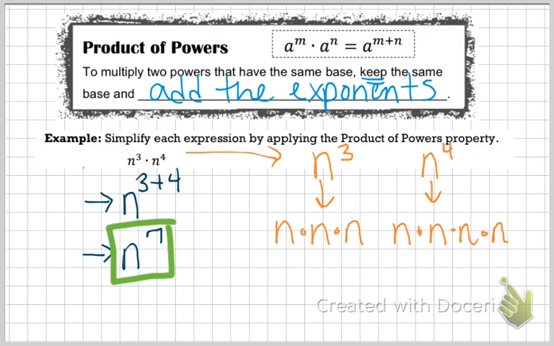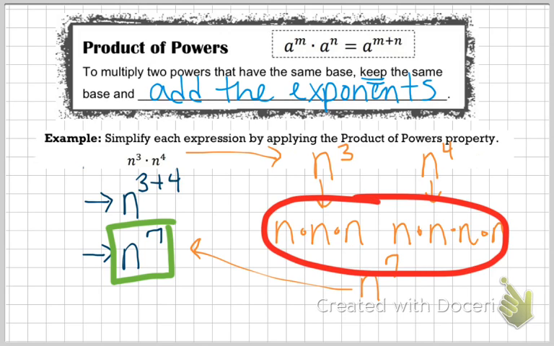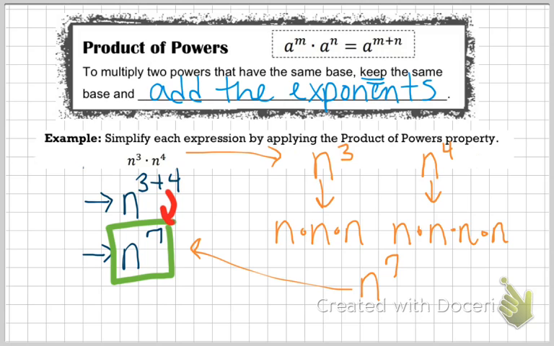And if you stop to think and look at what's in front of you, we can see that there are how many n's in total? 7. And guess what? Same answer. But instead of doing this whole process, instead of showing all the work, because some of us are lazy, the fastest way is to, boom, just use the property.